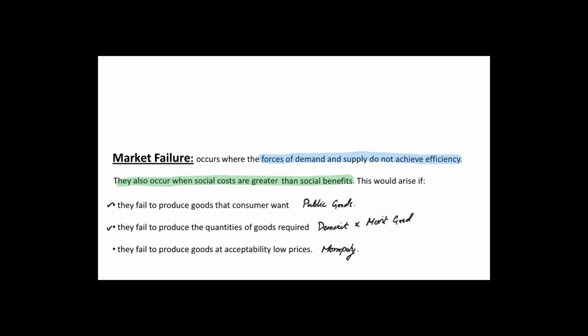This goes with merit goods also. Merit goods, society says, should be relatively cheaper, while demerit goods should be more expensive from society's point of view, not just from the consumer's point of view. So we'll come to that in a bit. But this is what market failure is: when demand and supply fail to achieve efficiency.